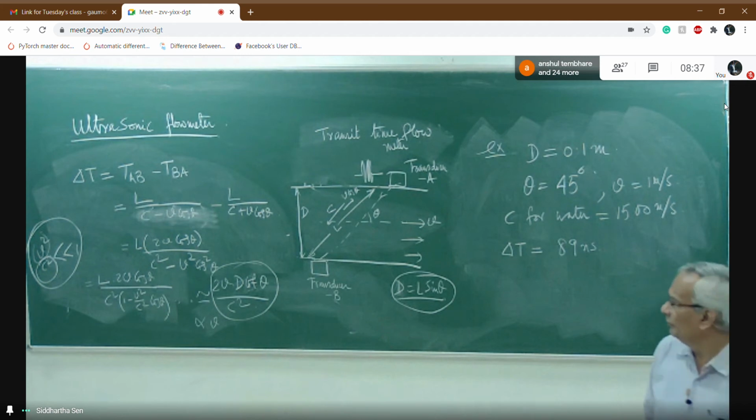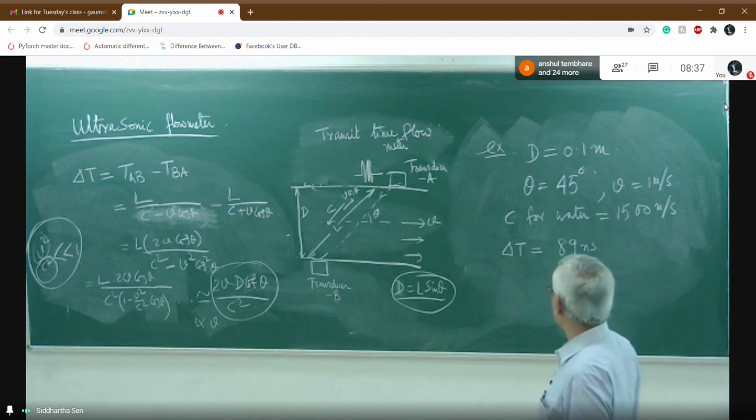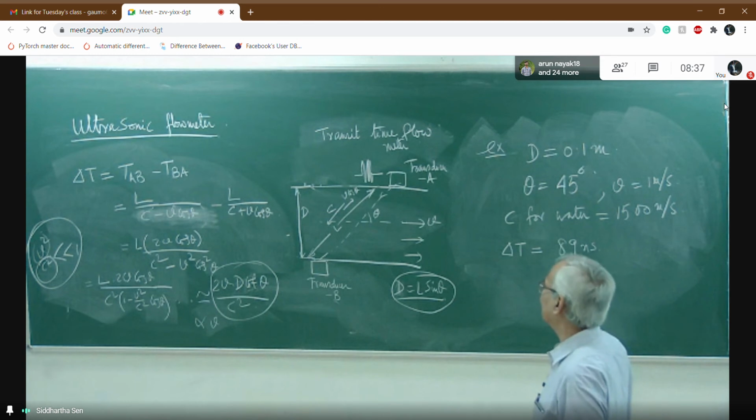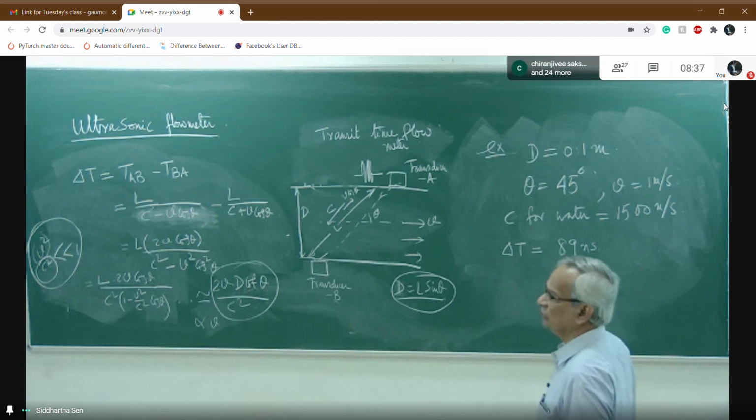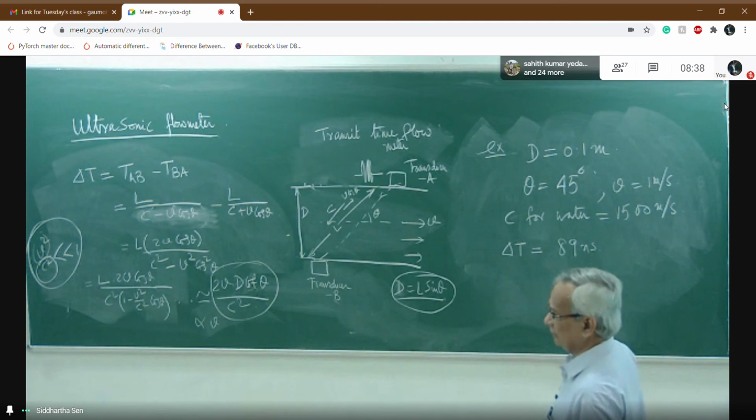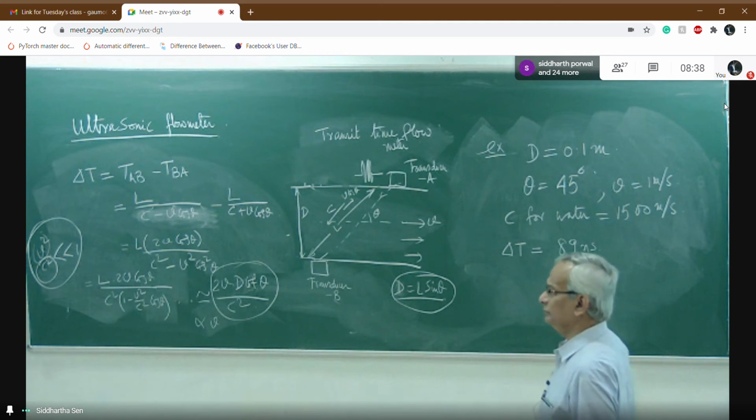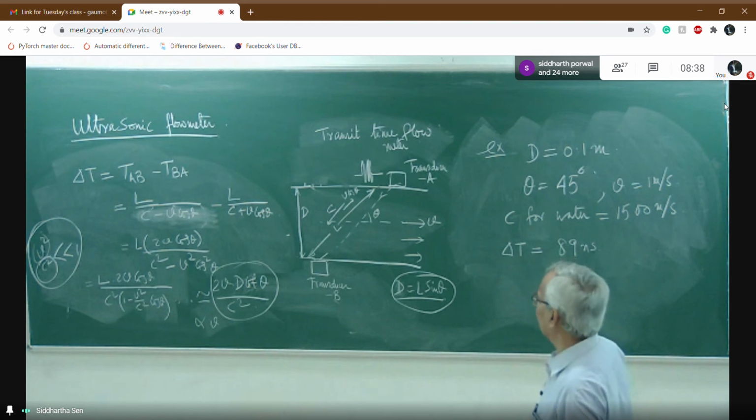Okay, but this is very elegant. These are mainly the two methods by which we can measure the flow rate inside a completely closed pipeline from outside. Agreed? Any other question?